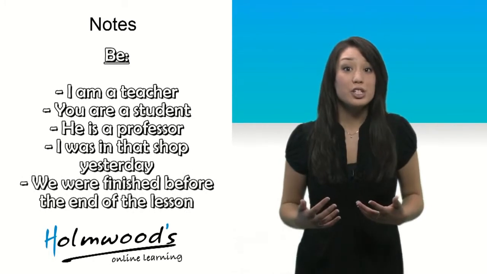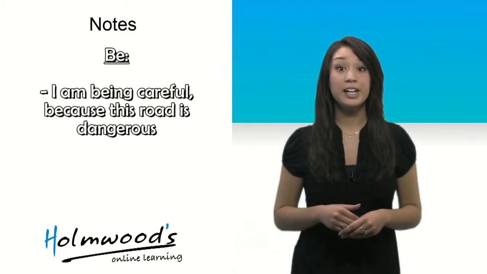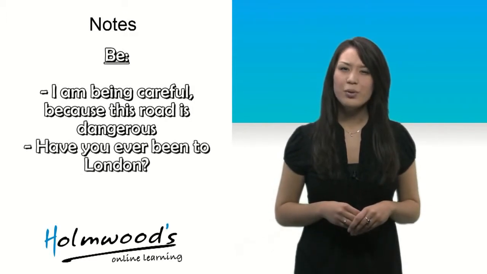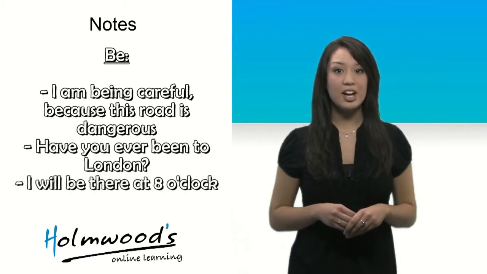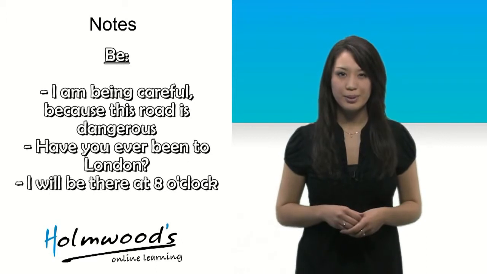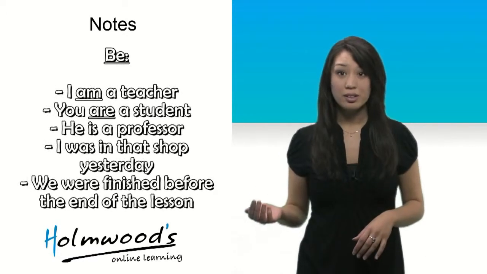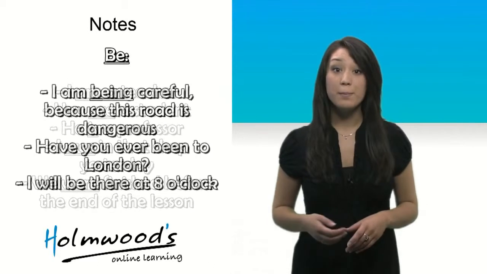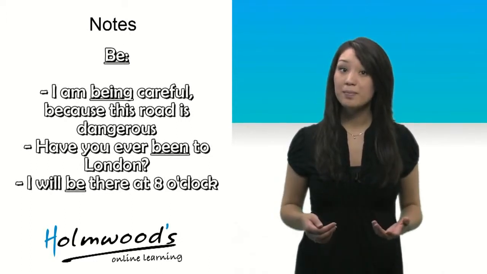We were finished before the end of the lesson. I am being careful because this road is dangerous. Have you ever been to London? I will be there at 8 o'clock. Do you see them? Am, are, is, was, were, being, been, and be.